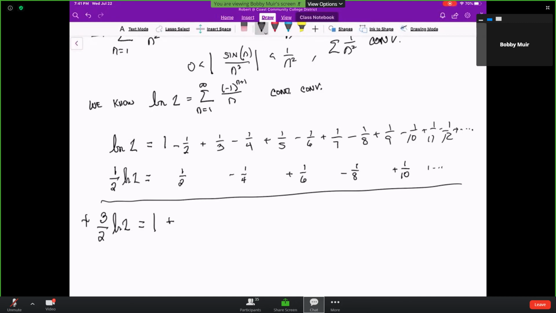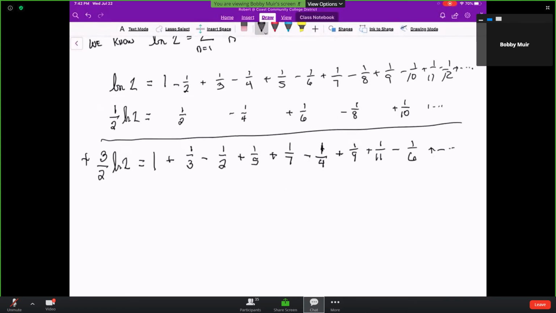So I add these two things together. I'm going to get 1 here, and then 1/3, and then the minus 1/2 comes, plus a 1/5, plus a 1/7, minus a 1/4, plus a 1/9, plus a 1/11, minus then a 1/6, plus minus.